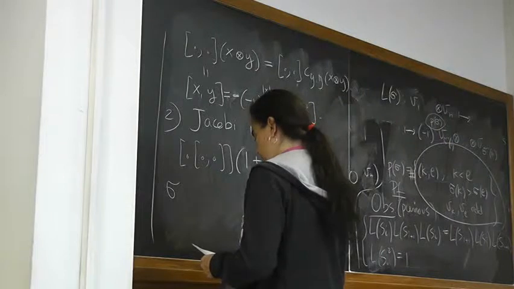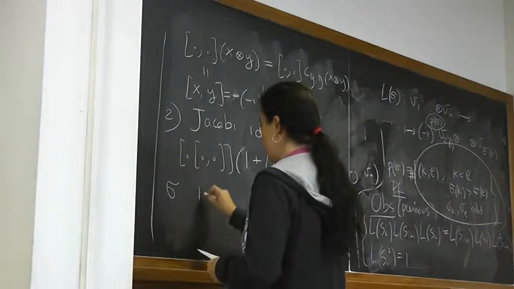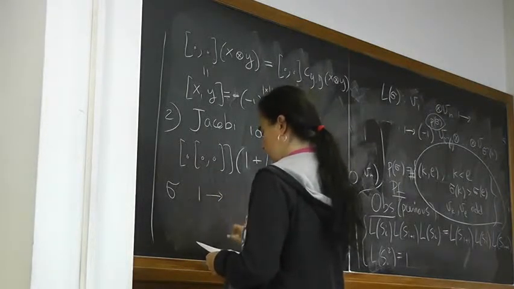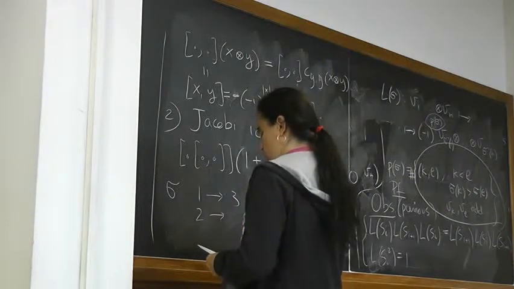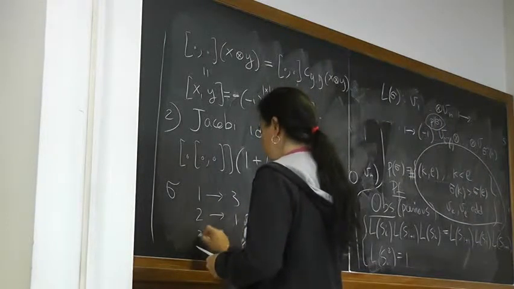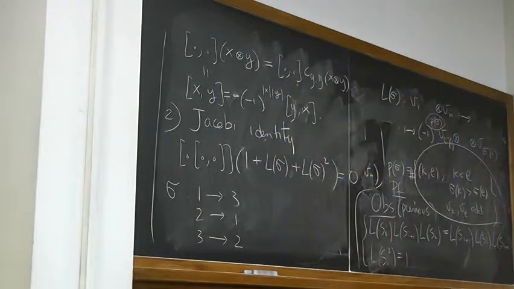Right. How do I write? It's the permutation sending 1 to 3, 2 to 1 and 3 to 2. And we want this to be 0. Okay. Now let us see what is the result.